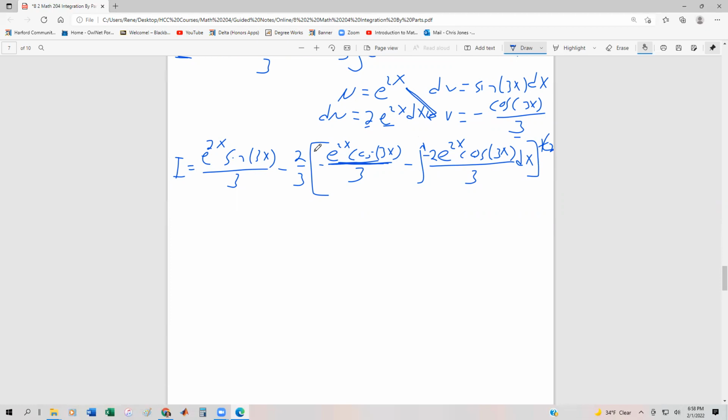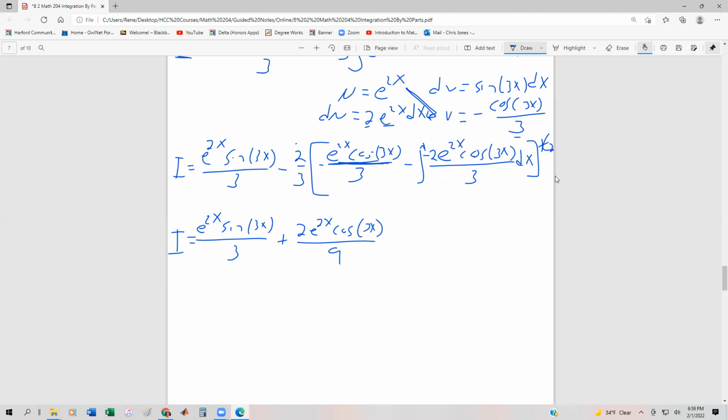All right, let's try to clean this up a little bit, as much as we can. So we have our integral I, we have our e to the 2x sine 3x divided by 3. We're going to end up with a positive 2e to the 2x cos 3x divided by 9.